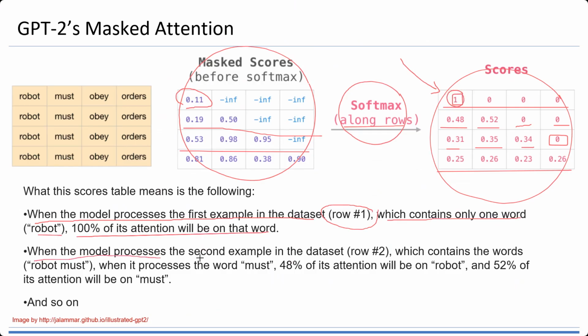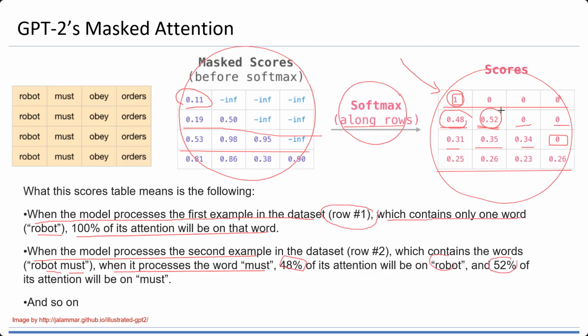When the model processes the second example, there are 2 words, robot and must. When it processes the word must, 48% of its attention will be on robot, and 52% will be on the word must, and so on.